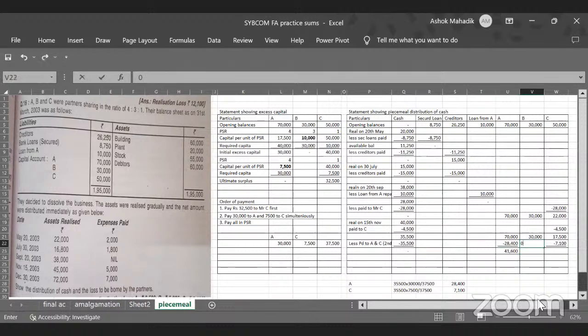We didn't pay anything to B, so his balance will be as it is, 30,000. C, we paid some amount, so his balance will reduce to 10,400. Now still some amount is pending for A and C, because the payment was to be made of 30,000 and 7,500. Out of that, we paid only 28,400 to A, and to C we paid only 7,100. So some balance is pending.